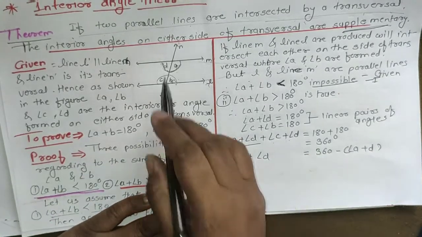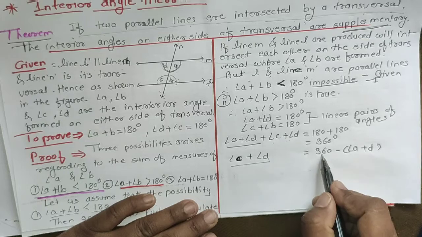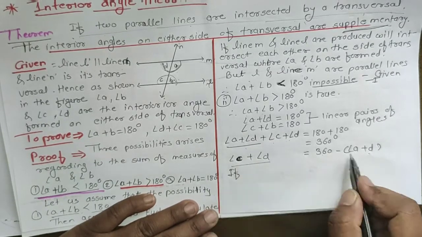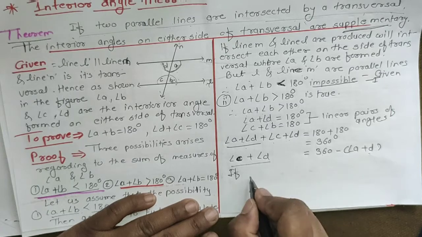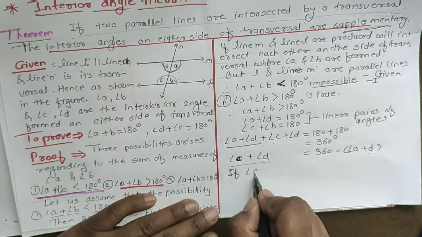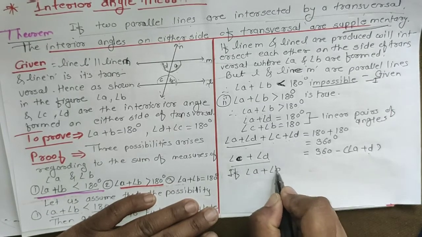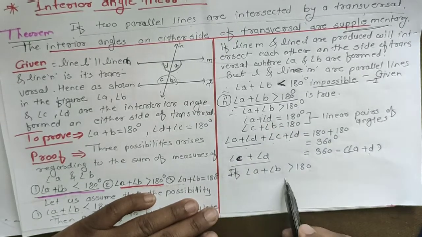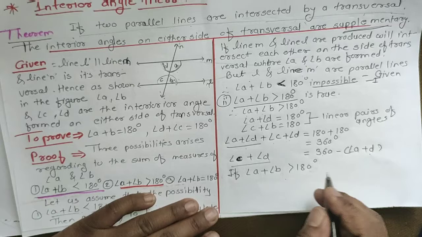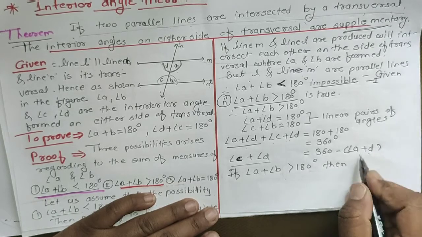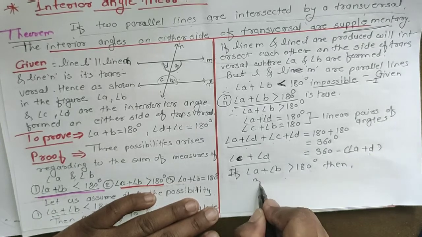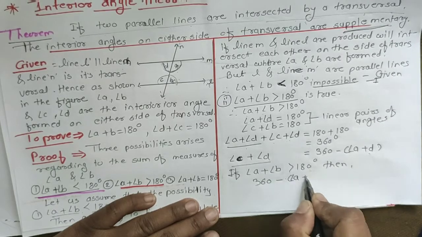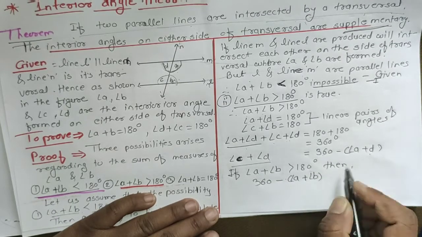Now what we had done, C plus D, its measure we find is 360 minus this A plus B. Now we already found that angle A plus angle B is greater than 180, that we already told here. Then 360 minus angle A plus angle B, what happens?